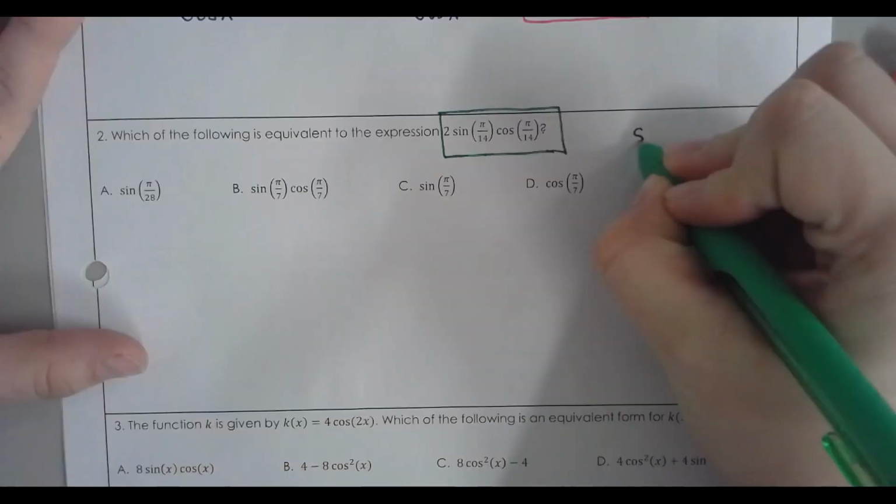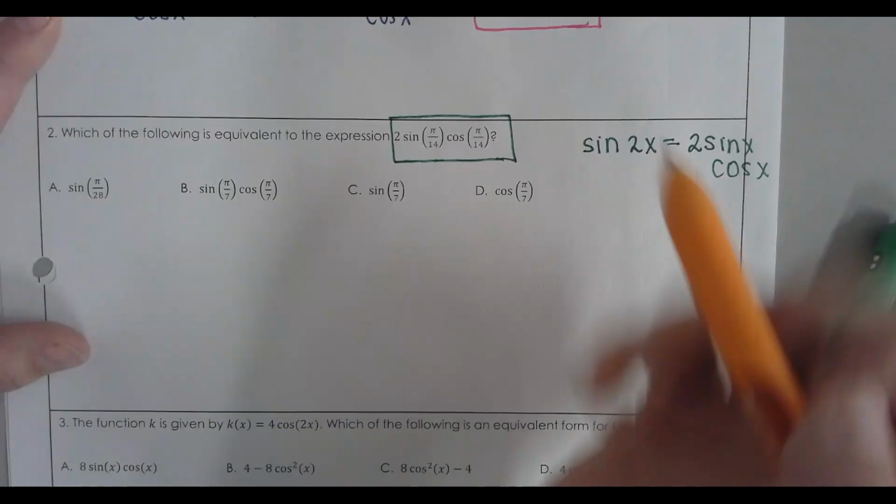It's the sine of 2x, which is 2 sine x cosine x. That is the identity.